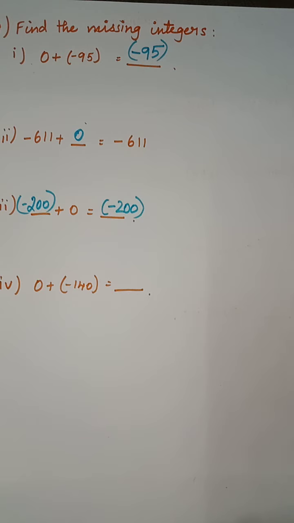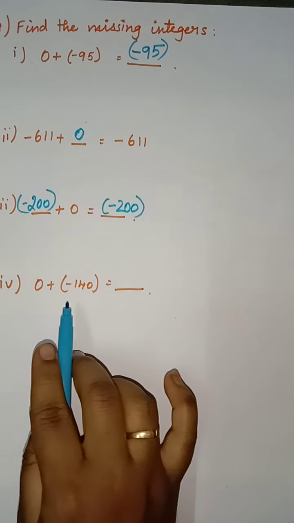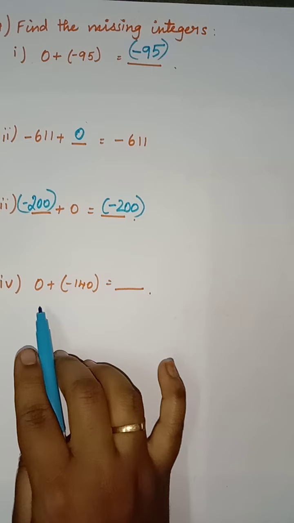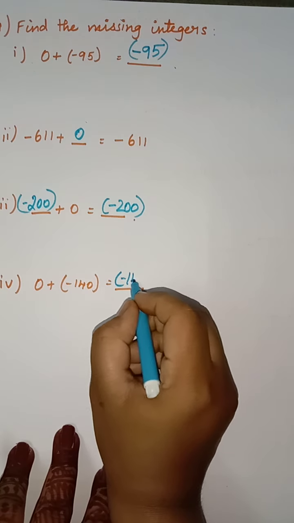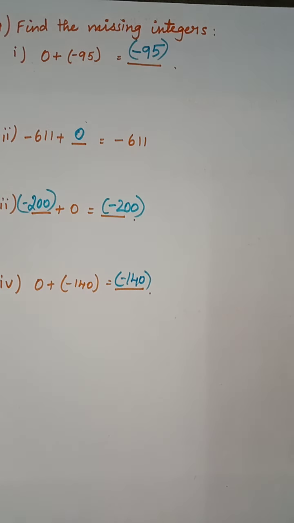Okay, the next fourth question is 0 plus minus 140. When you add 0 with anything, you will get the same number, that is minus 140. Can you understand? These four sums we have done now are based on the identity and inverse.